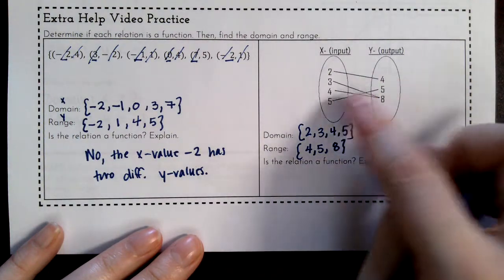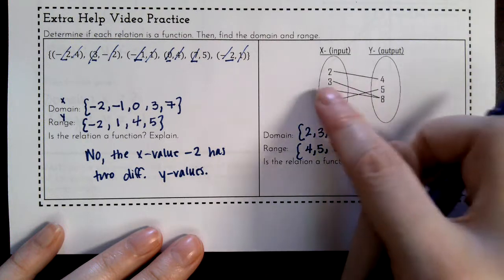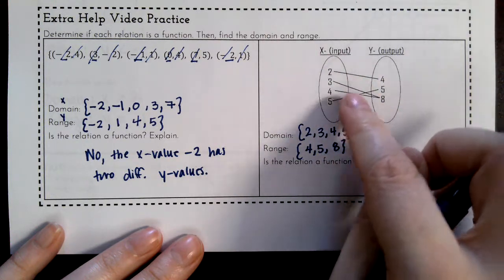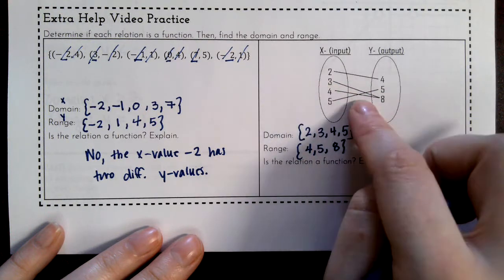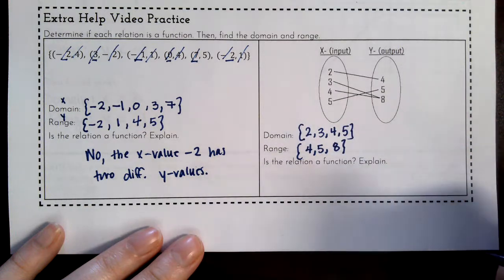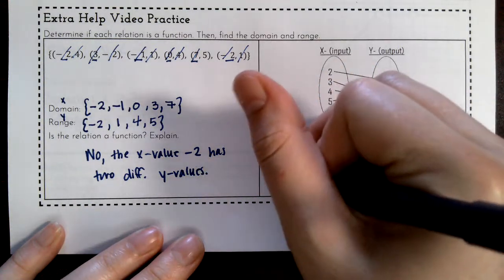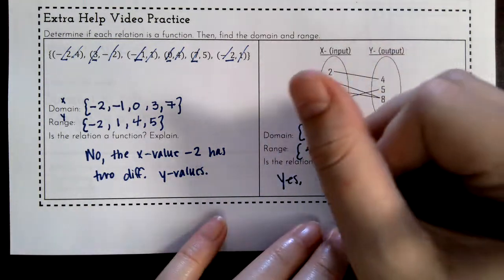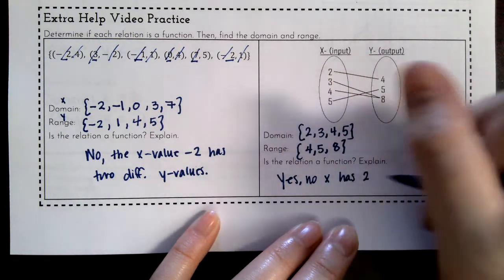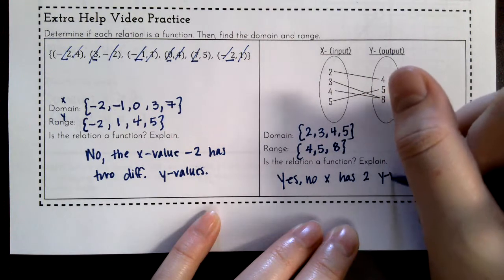So you're going to see it branch off. None of these have more than one arrow going anywhere. So this is a function. And it's okay that 3 and 4 both go to 8. It just means that they both have the same birthday, which is fine. So we're going to say yes, no X has two Y values.